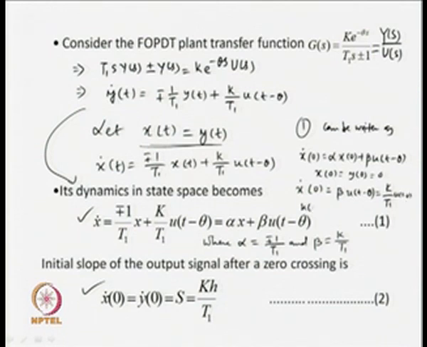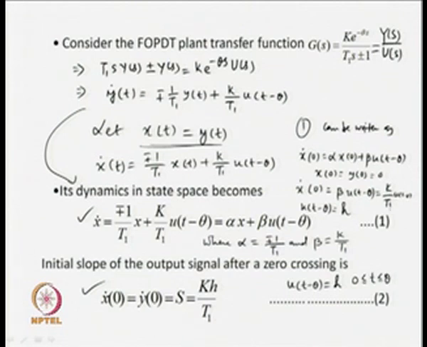Now, u t minus theta will have two values, either plus h or minus h, depending on the time range. Now, u t minus theta is equal to h for us, because we know that the input to the system u t minus theta is equal to h for the time range 0 is less than equal to t is less than equal to theta.